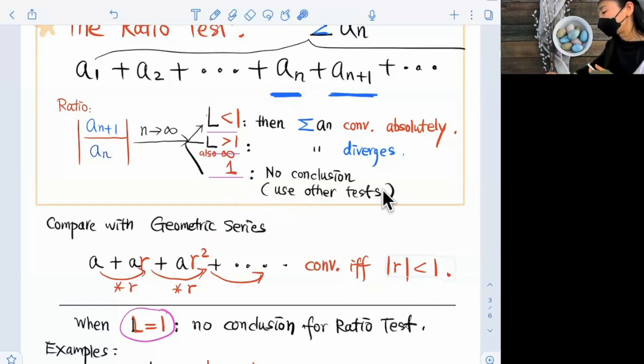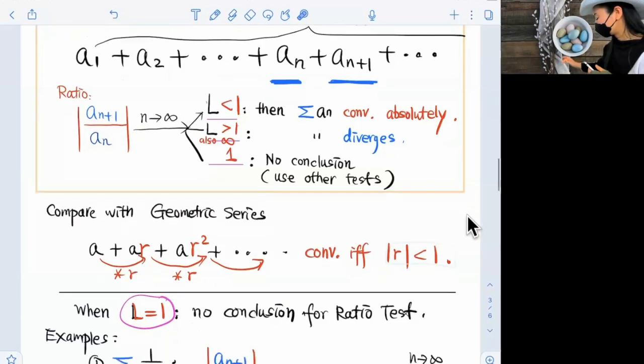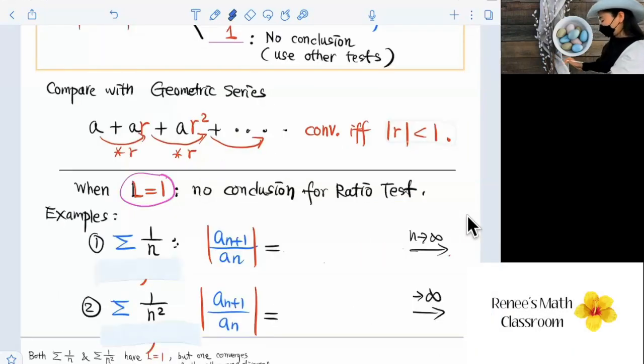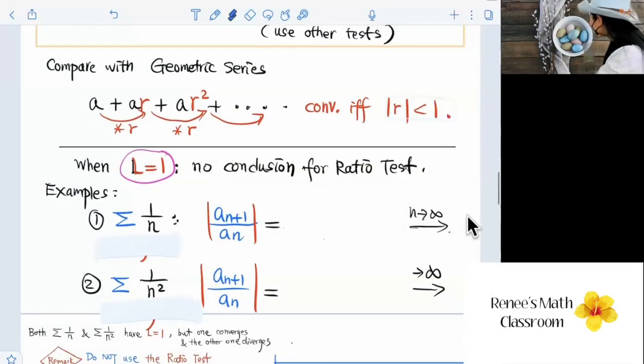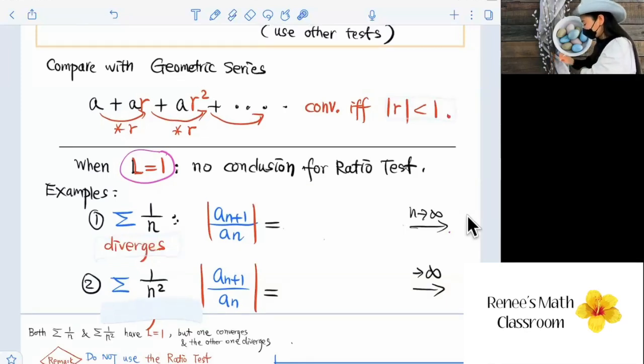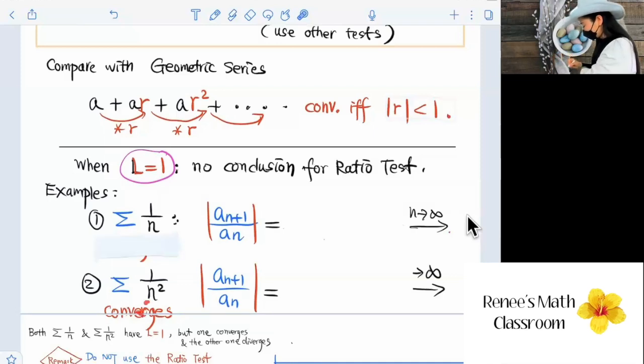But what about equal to 1? How come it has no conclusion? Why? All right, so let's try to use the ratio test on these two p-series.